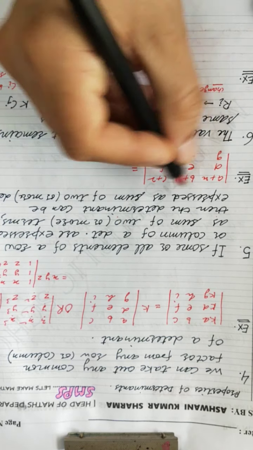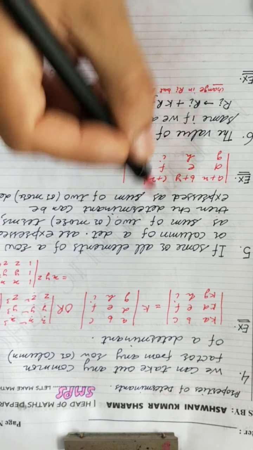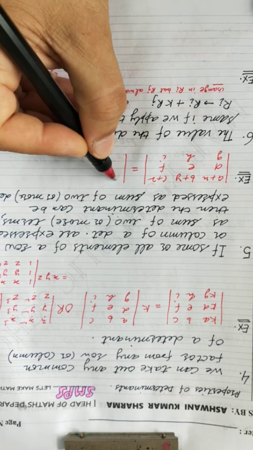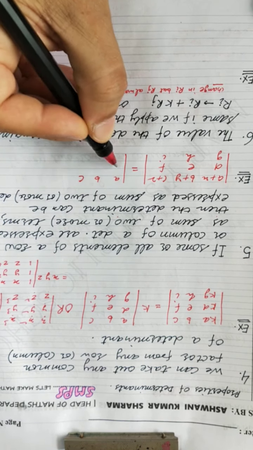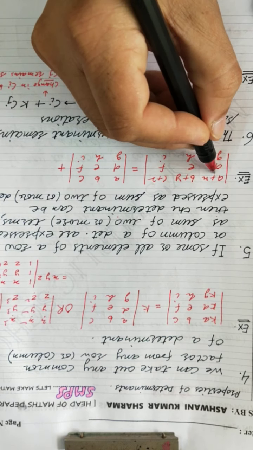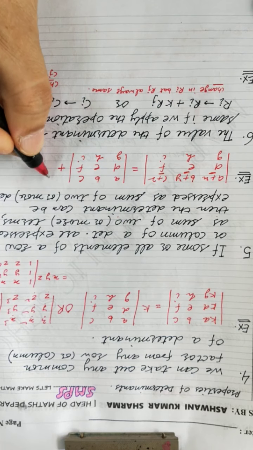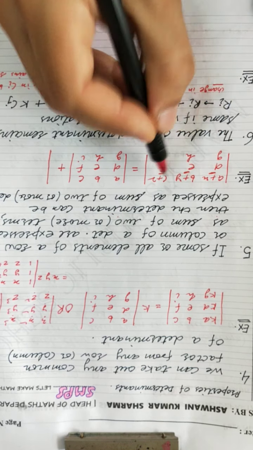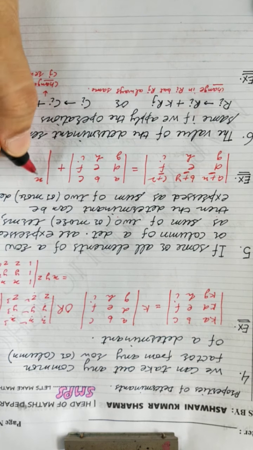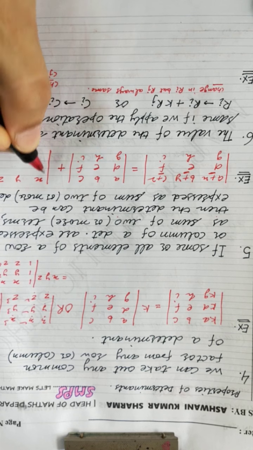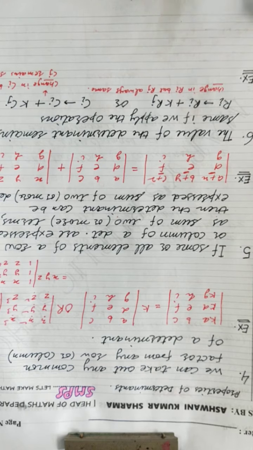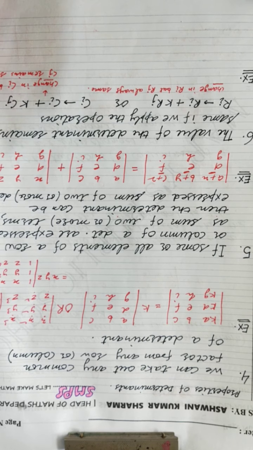With the help of this property, you can break it up. How to write it? a, b, c, d, e, f, g, h, i, plus, because there is a plus sign here. If a minus sign were here, then I would write a minus sign. The next determinant becomes x, y, z, d, e, f, g, h, i. Got it? It is property number 5.